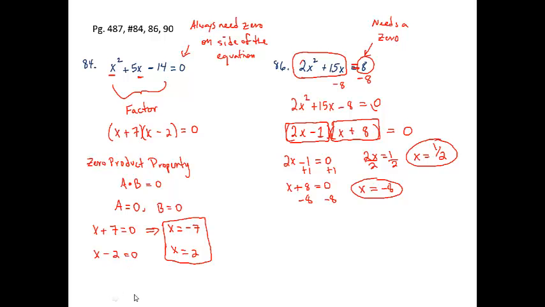Alright, one more problem for us to work on. Number 90. Well, again, notice that the right side needs to be a 0. So I'm going to subtract 100 on both sides. And I get 9x squared minus 100 equals 0. And I need to factor this, right? Well, it should be ringing in your head that this is in the form a squared minus b squared.